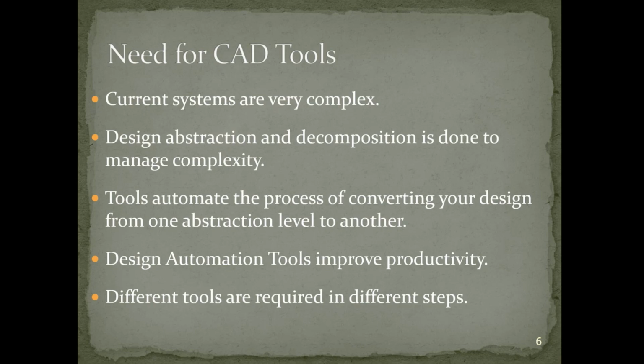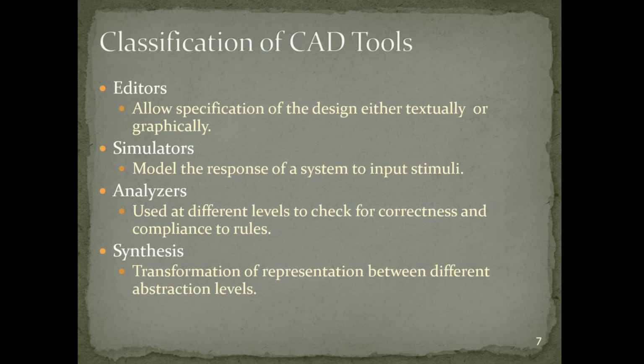Generally, that design flow contains a number of tools, and the job of those tools is essentially to automate the whole process of moving from one abstraction level to another, and to help us improve productivity and use different tools for different steps as required. So that's basically the idea behind why we need things like this.